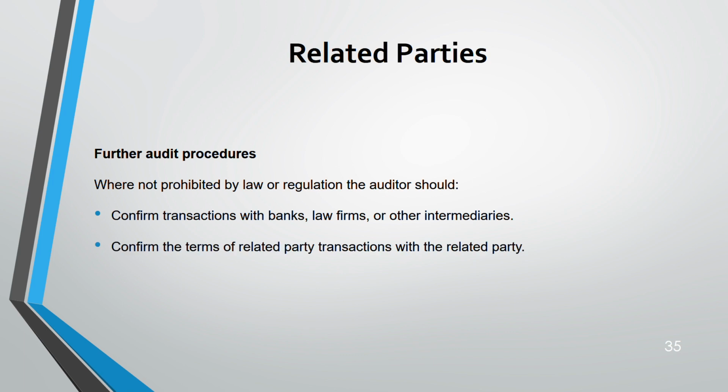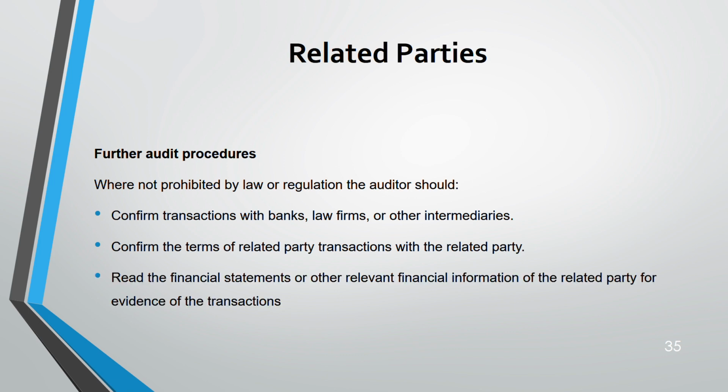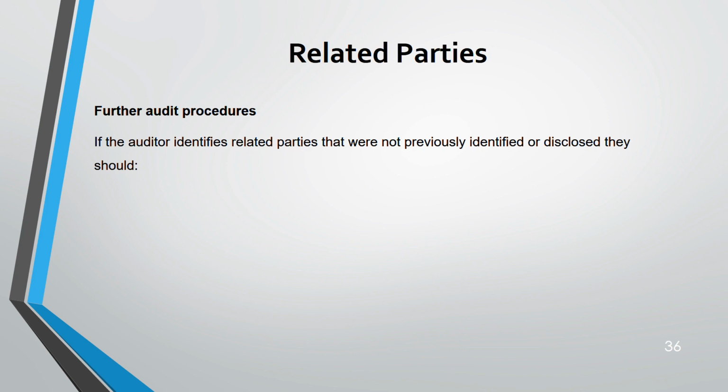Then confirm the terms of related party transactions with those related parties. Third, read the financial statements to get the related party or other relevant financial information of the related party as evidence.